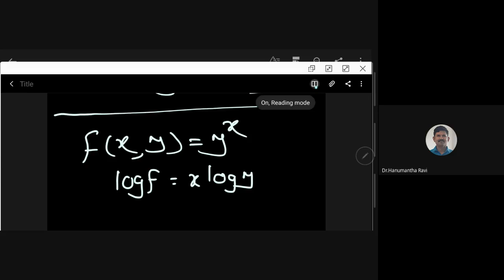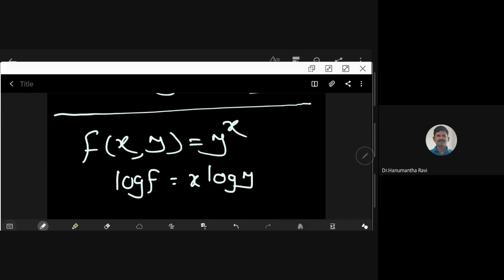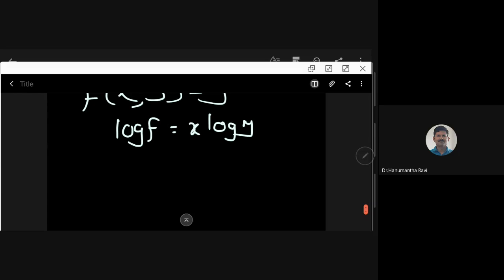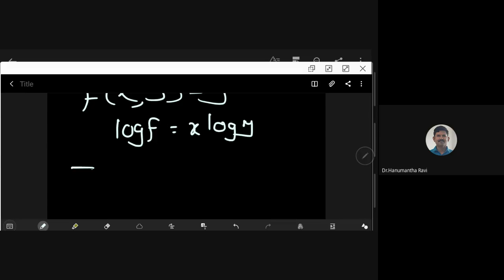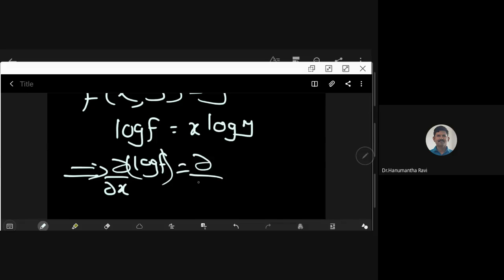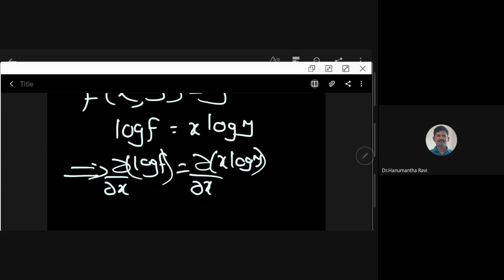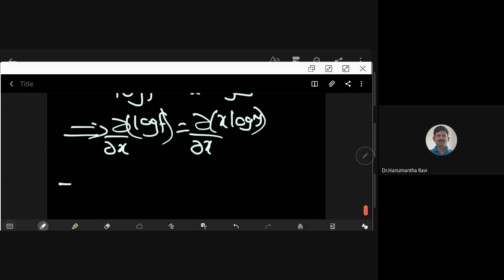If you apply dou on both sides with respect to x, simple, this implies one by f dou f dou x is log y. Fine.